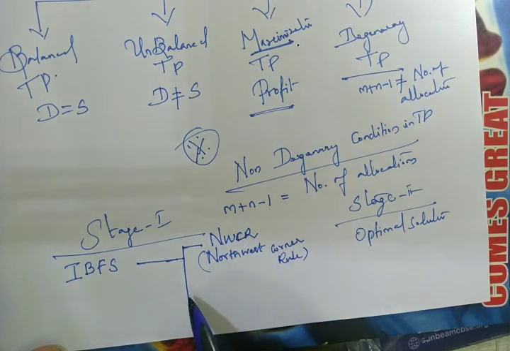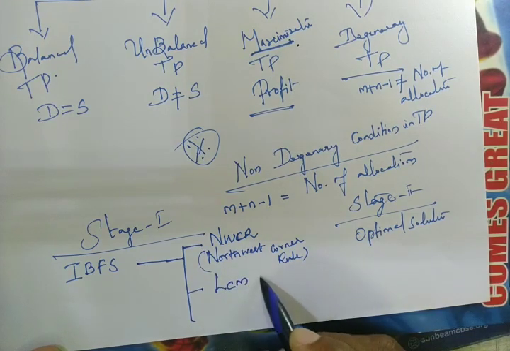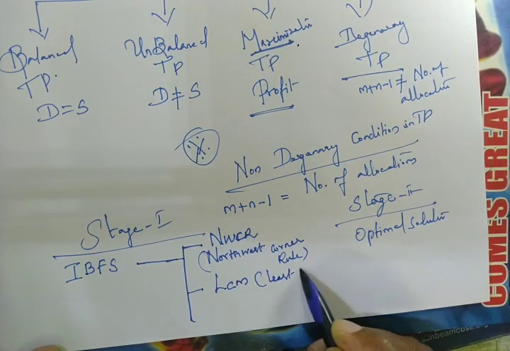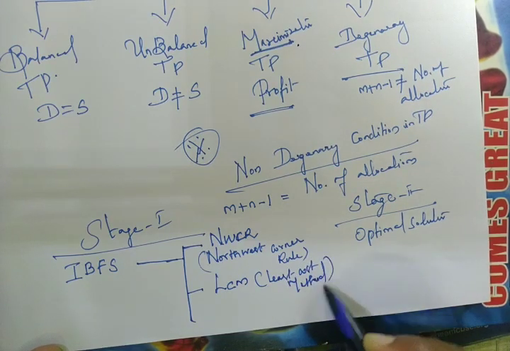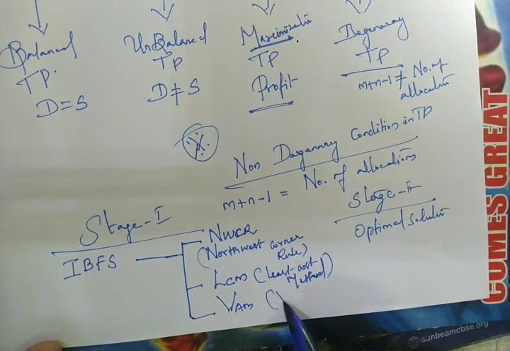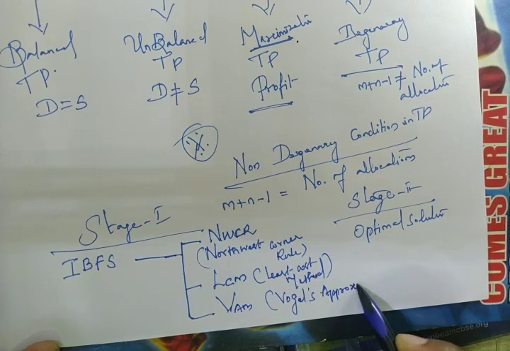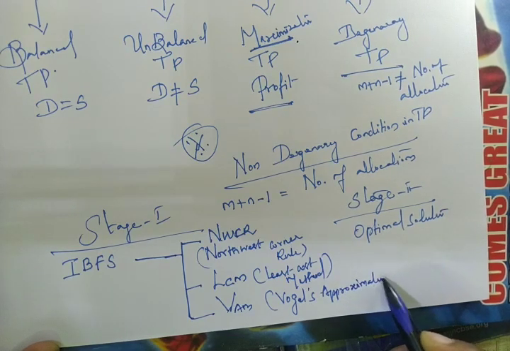The second one is LCM, least cost method, again the first letter of each word. The third one is VAM, Vogel's approximation method.